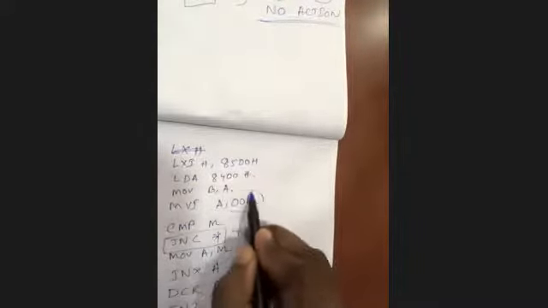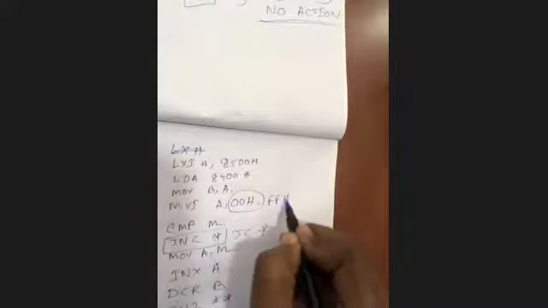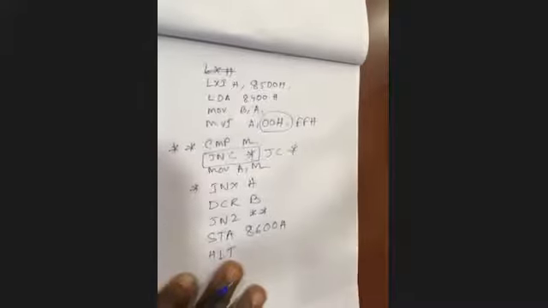Oh, because at first we have taken 00. Yes, so sorry. This 00 should not be there. It should be MVI B, FFH. Yes, it should be FFH. Then it can find out the lowest number.